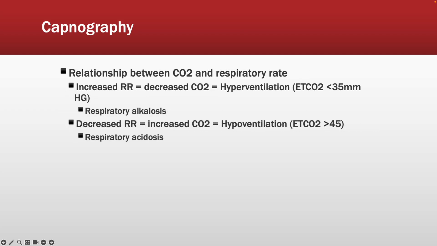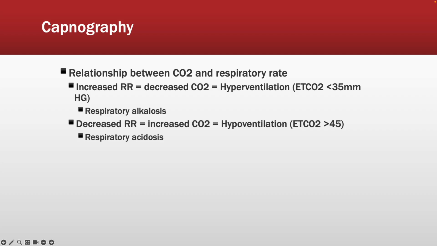The relationship between CO2 and respiratory rate: if you have an increase in respiratory rate, this will equal a decrease in CO2 and show up as hyperventilation on the waveform, and that usually gives you an output less than EtCO2 of 35.